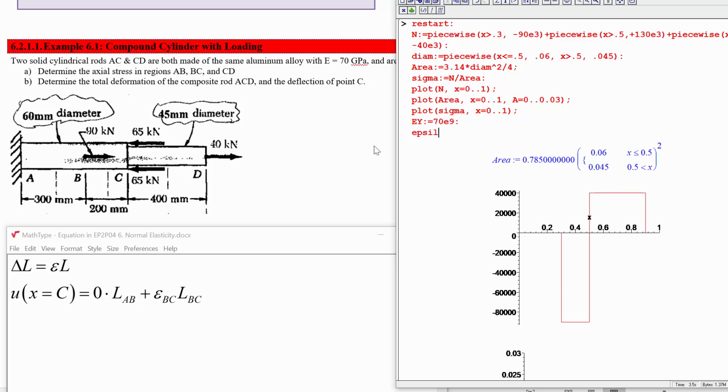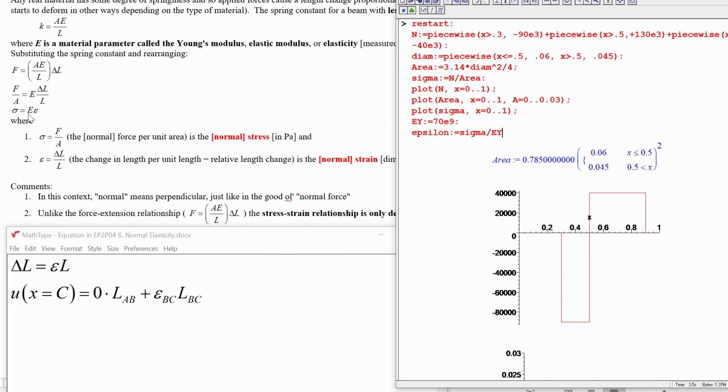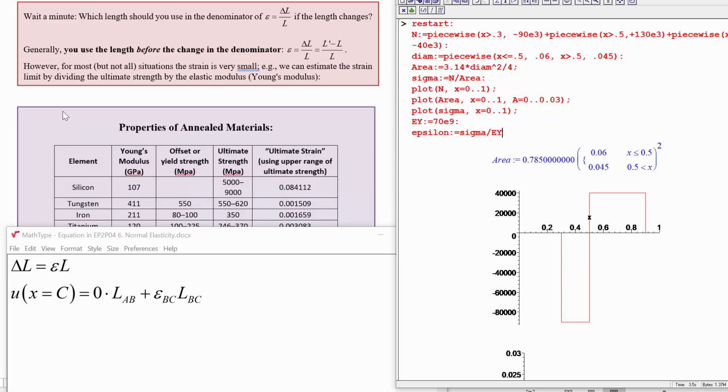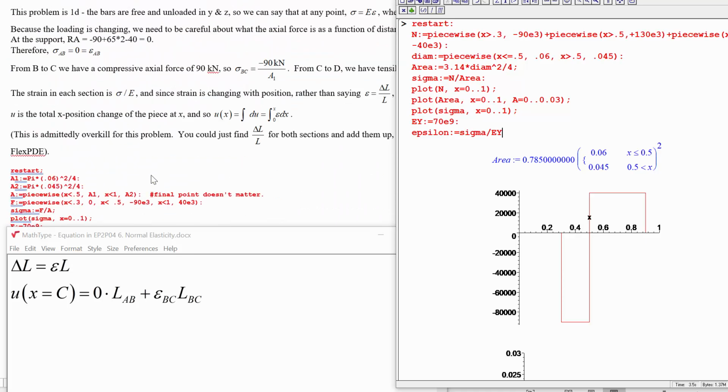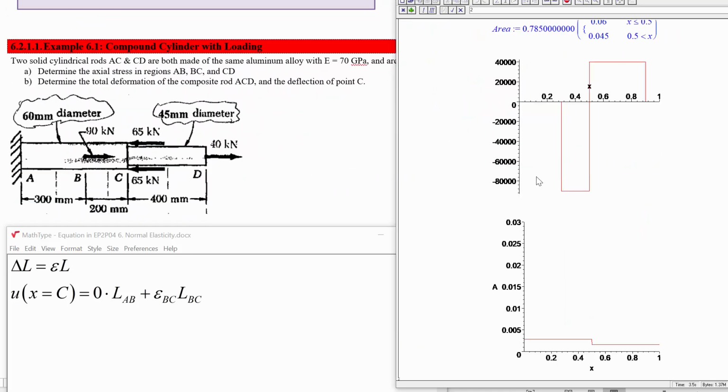And then epsilon will be equal to sigma divided by Young's modulus. So we found out up here that sigma is equal to Young's modulus times epsilon. So epsilon would be sigma divided by the Young's modulus. Okay, so sigma divided by Young's modulus is our epsilon.